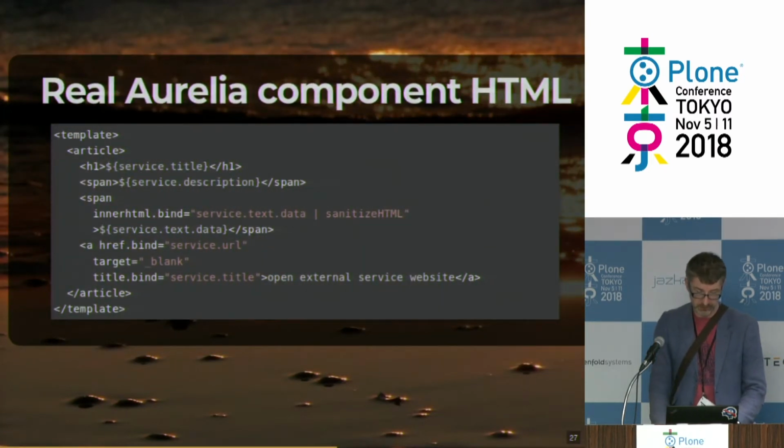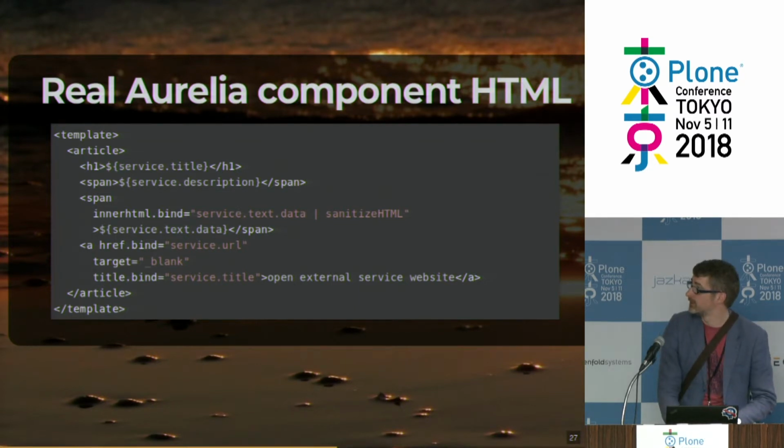The HTML part of the component would look like this. We create some article tag, we put in the title, the description. Service is the variable where everything is in. Most of this is pretty simple to understand. If you have HTML stuff, the sanitize will strip out bad stuff a bit.